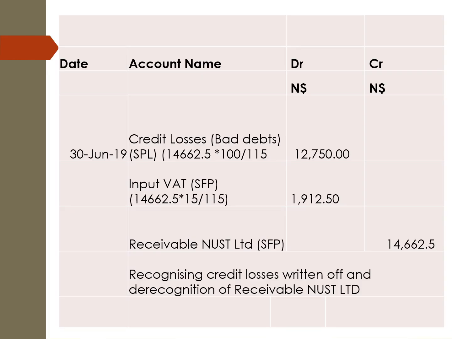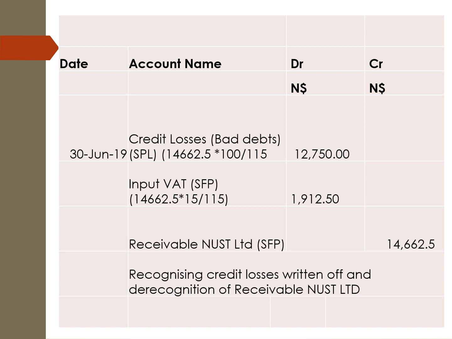To record the credit losses written off on 30 June 2019, we debit credit losses with an amount of 12,750. We debit credit losses because credit losses is an expense and it increases on the debit side.